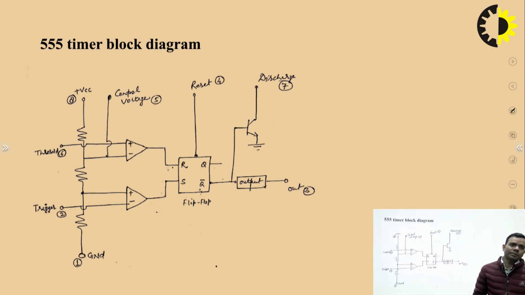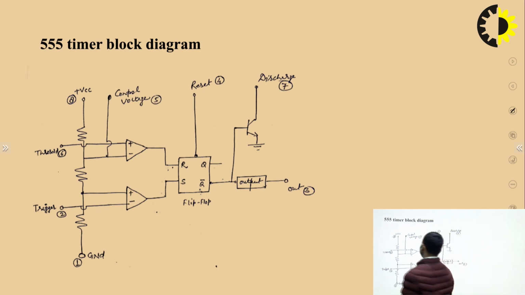This is the 555 timer block diagram. So let us discuss how this works. Let us consider this is comparator 1 and this is comparator 2.